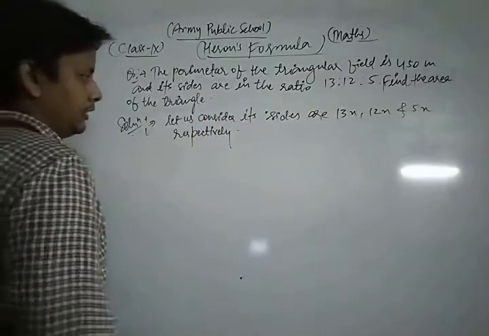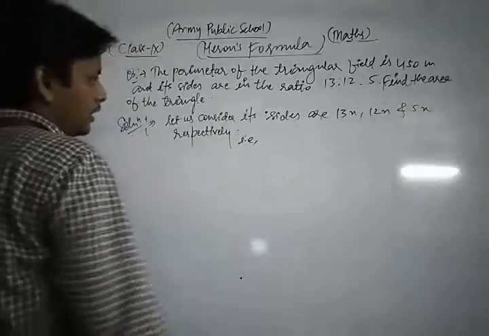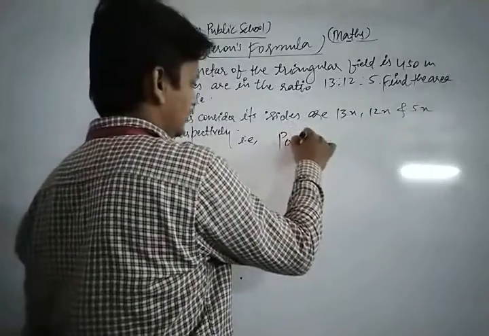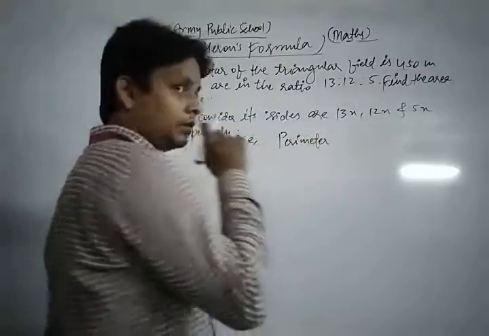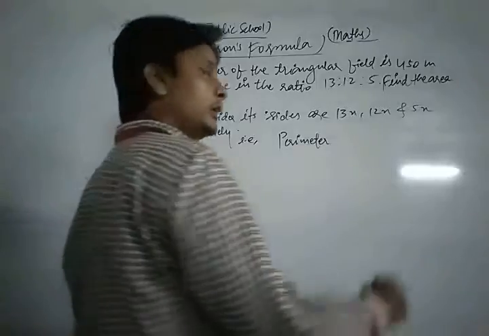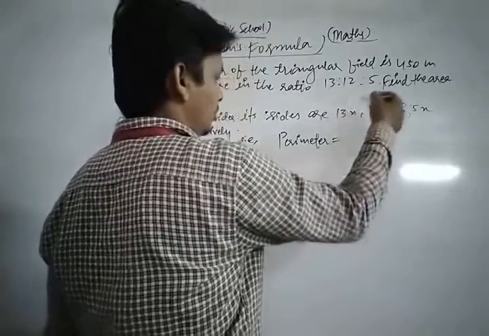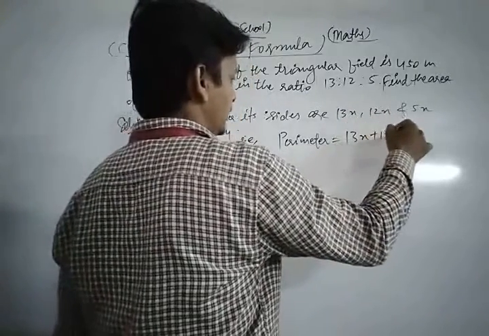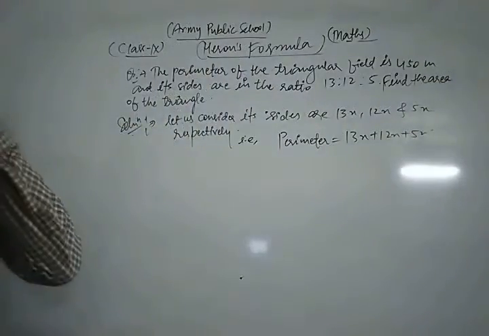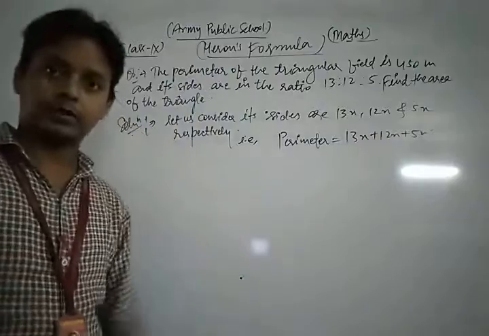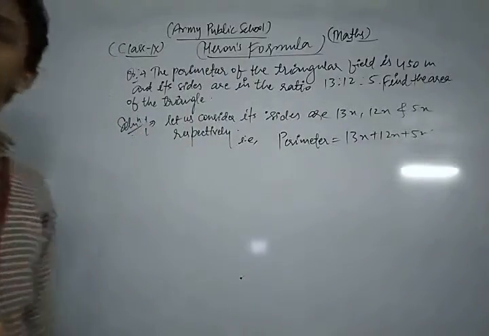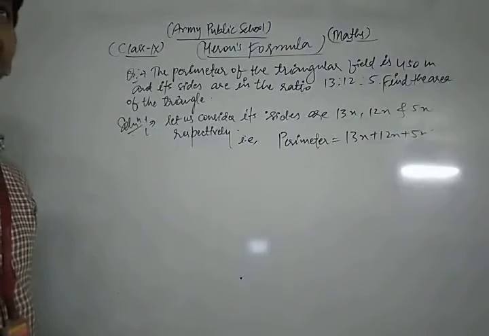That is, its perimeter is equal to the sum of all its sides: 13x plus 12x plus 5x.